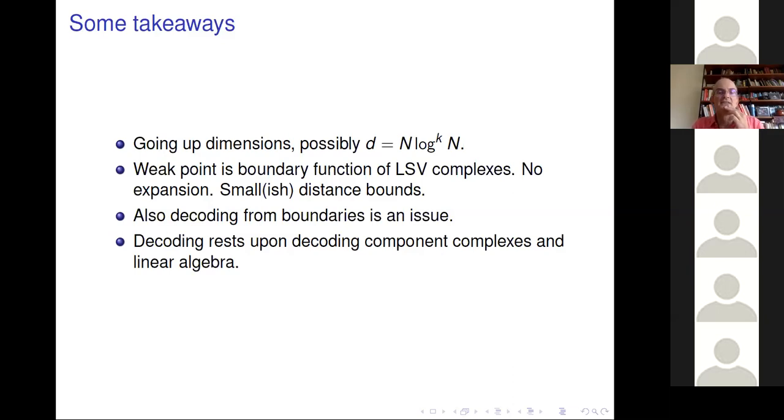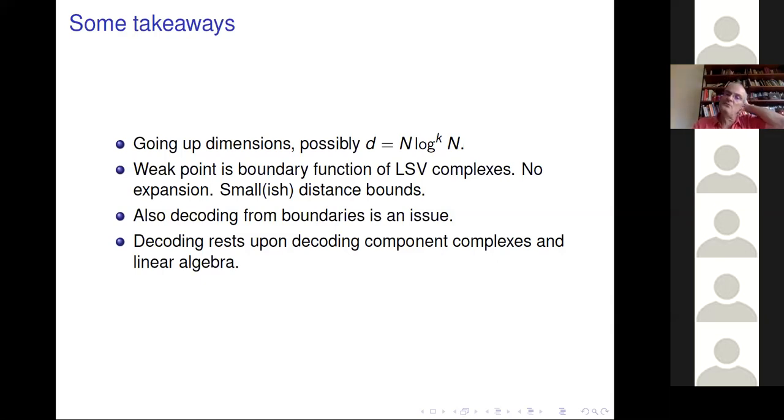If we did the same thing, started from higher dimensional LSV complexes and took a subcomplex which is further and further away from the original complex, so we throw away vertices, we throw away edges, and so on, we would possibly obtain quantum codes with a minimum distance which scales at least like square root of n times a power of log n, a larger power of log n than the one we currently have.